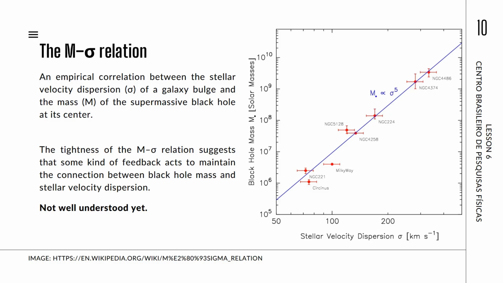No problem. But it's the same effect that we see in the broad lines in AGN. When you measure the width of the line, you are measuring the velocity dispersion of the gas there.